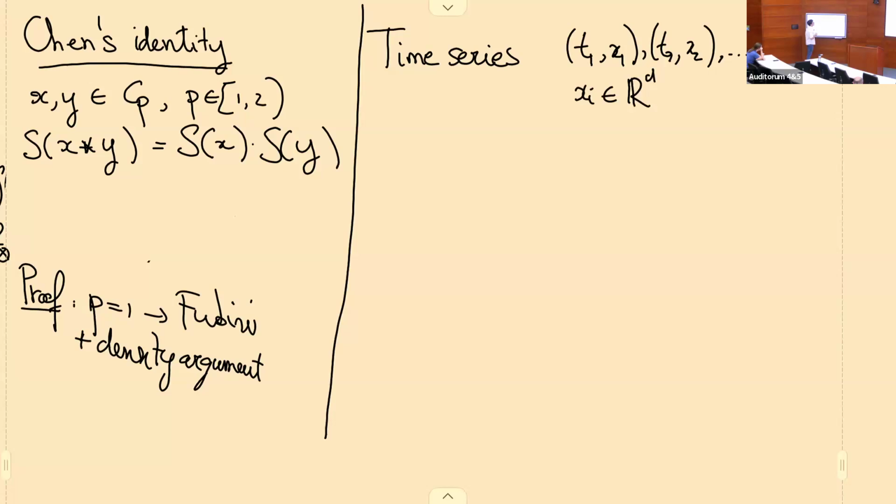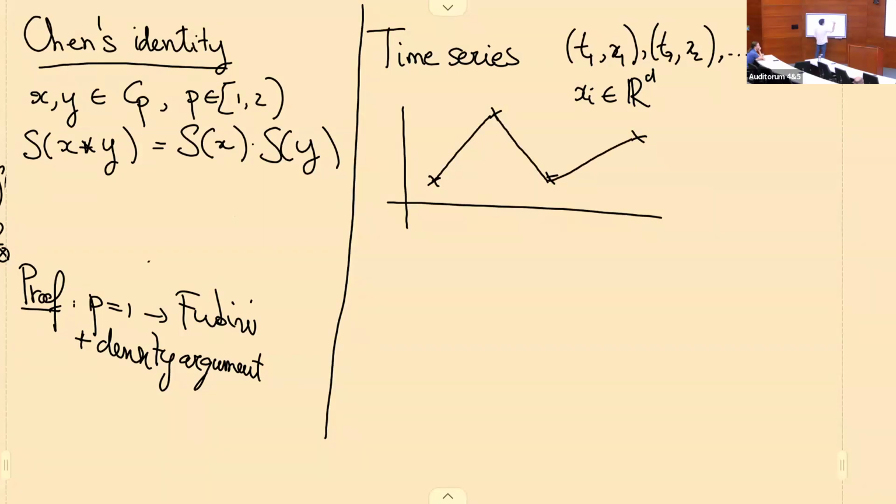So one way of seeing this time series, this discrete sequence of data, as a path is interpolating linearly, right? So you have these points that you observe over time, and you just draw straight lines in between.